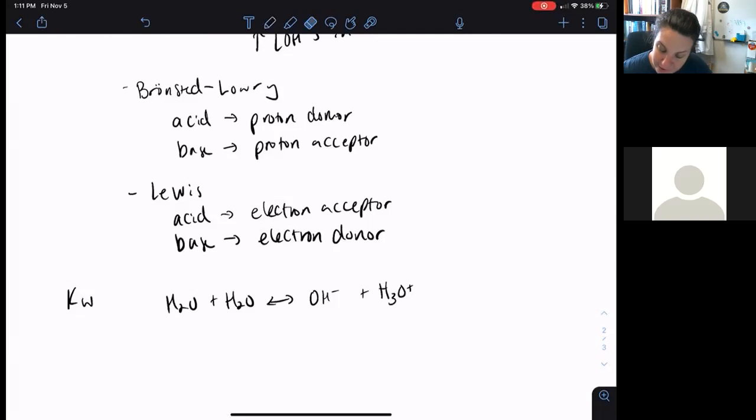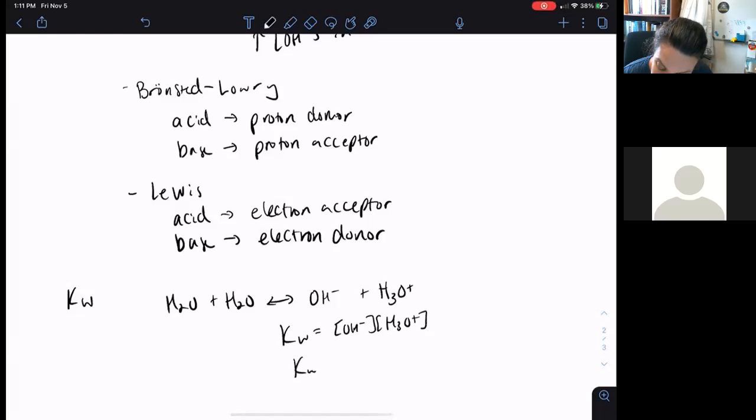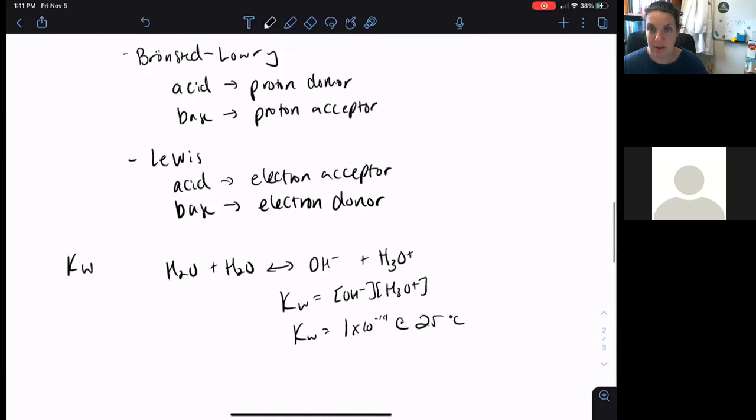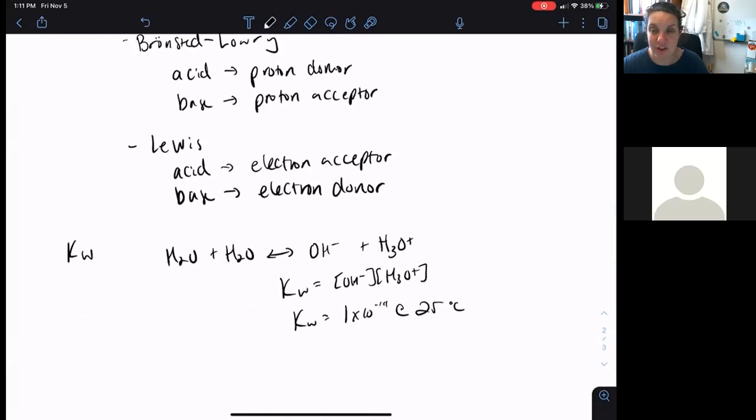And we have a set concentration of hydroxide and hydronium based on our KW, where KW is equal to 1 times 10 to the negative 14 when we were at 25 degrees Celsius. If we change that value, we can change our KW as a note. Remember, temperature is one of those things that if we change it, we can change our equilibrium constant value.